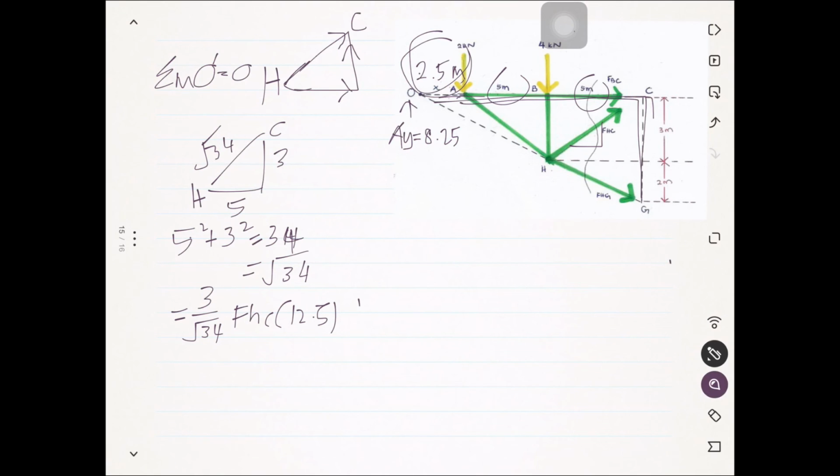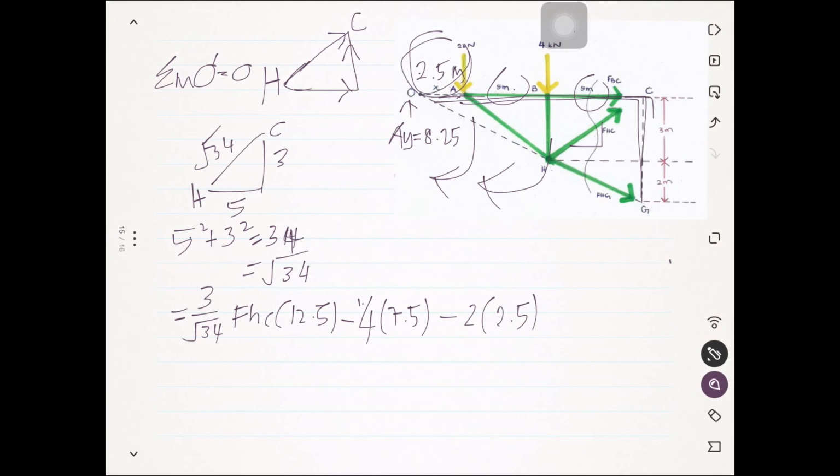Okay, at point B, 4 kN, clockwise, so negative 4 times 5 plus 2.5, which is 7.5. And then at point A, also clockwise, negative 2 times 2.5.